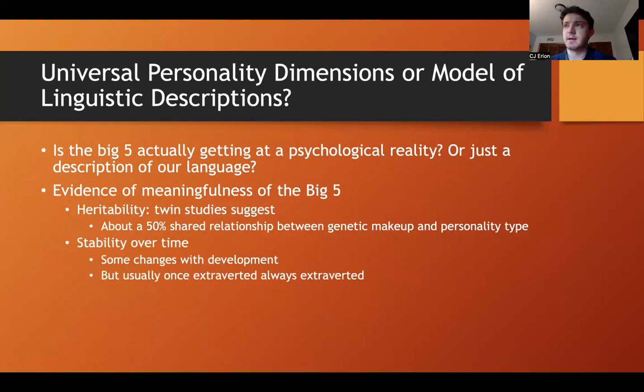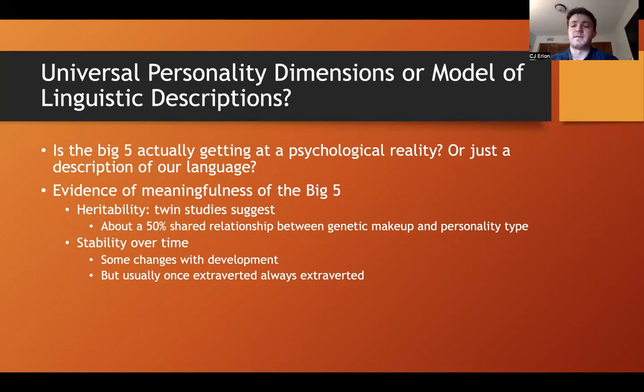Additionally, these factors do seem to be stable over time, which does provide evidence for traits, right? Because these aren't supposed to be things about an individual that are changing based on each situation. These are supposed to be pretty consistent across time. Now, there are some changes throughout development, but typically they aren't massive.